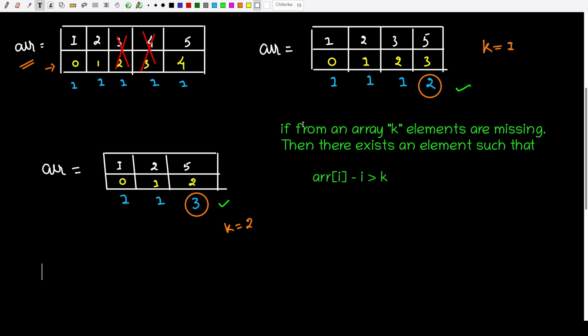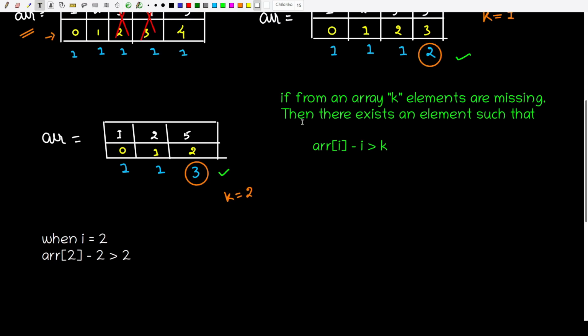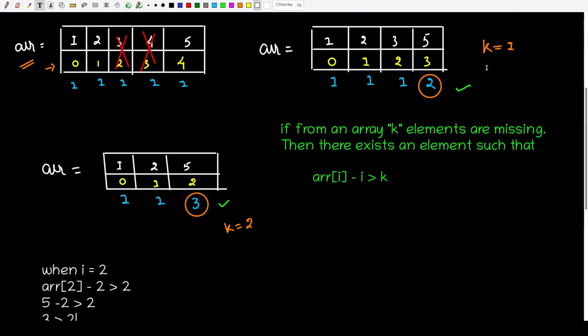So for instance, in this case, when I is equal to 2, then ARR[2] minus 2 is greater than 2. And if we compute this further, we can say that 5 minus 2 is greater than 2, and 3 is greater than 2. Similarly, in this case, ARR[2] minus 2 is greater than 1.